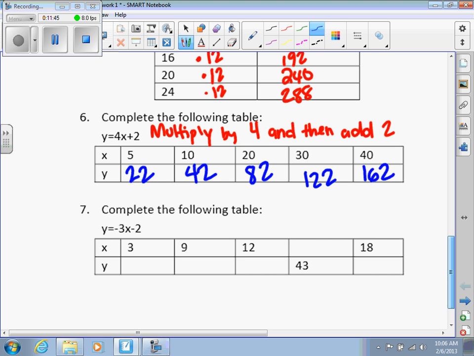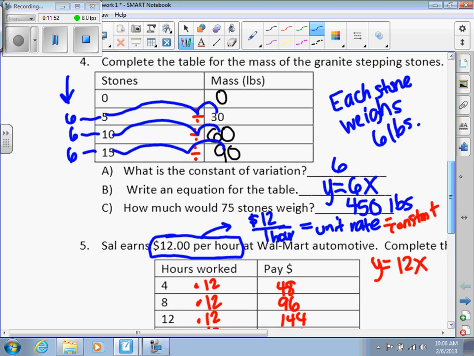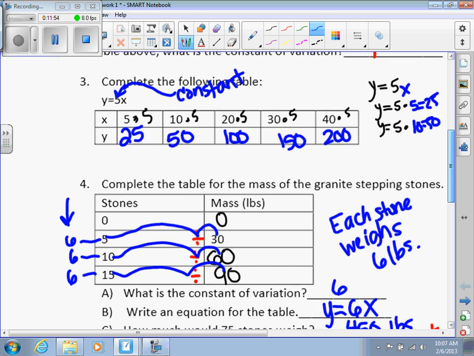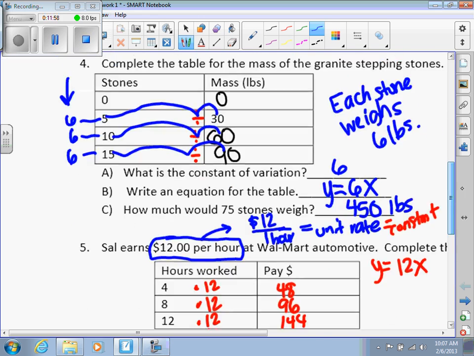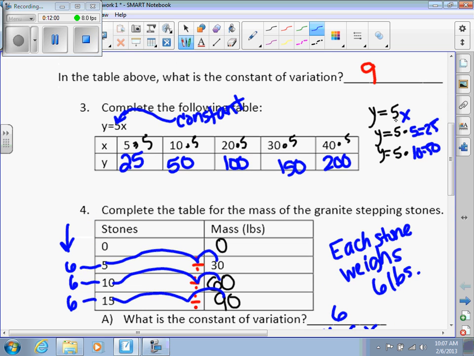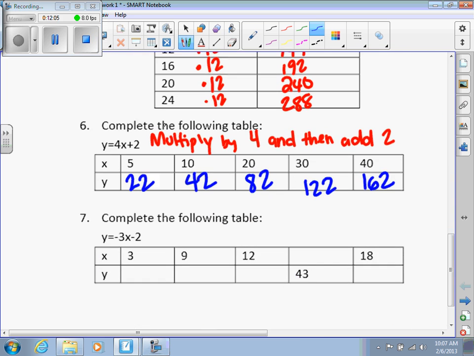Okay, any questions? So, Andrea, back to your question from earlier when we had the y equals 5x. If you can write it in words, you don't have to worry about writing it out each time like this. All I do is tell myself, this is telling me to multiply each one of these by 4 and then add 2 to it to get my answers.